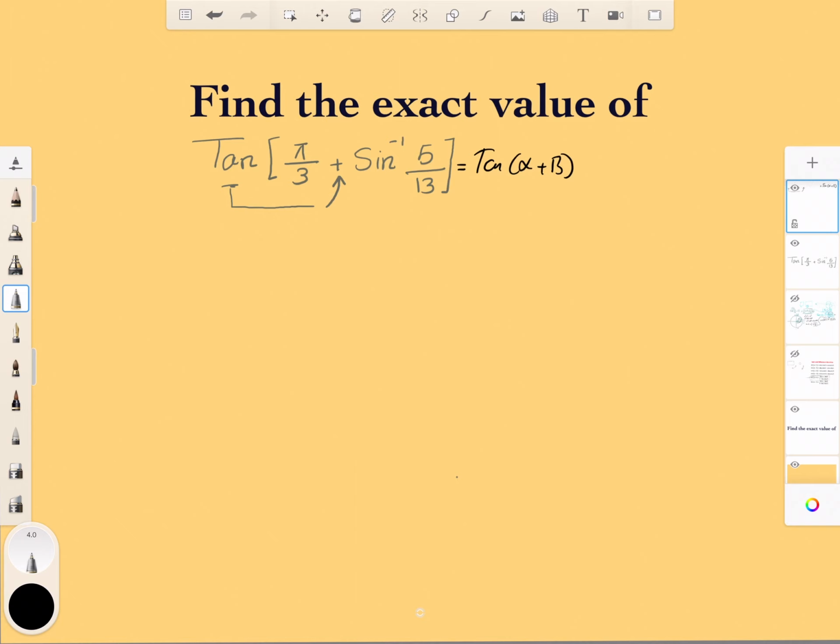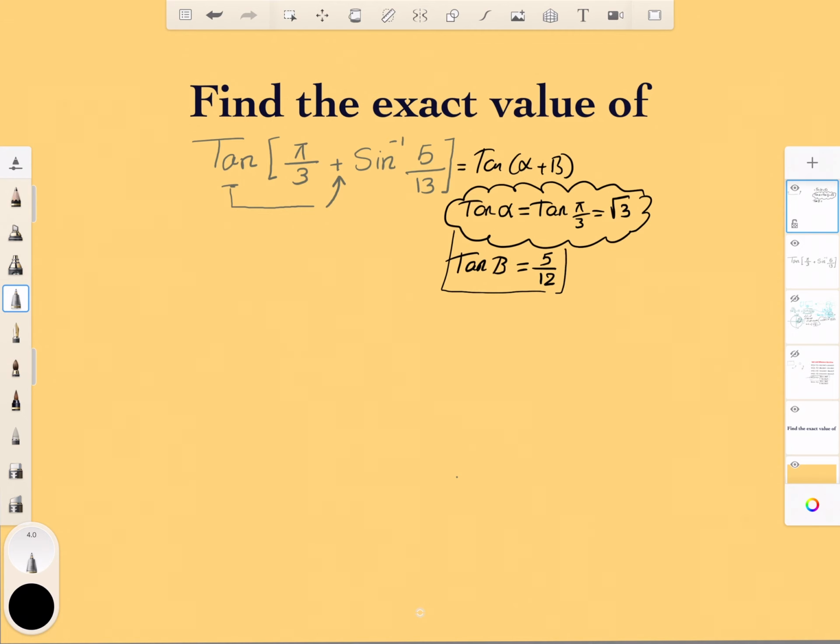We solve tangent of alpha, which is equal to tangent of pi over 3, equal to root 3. We knew this. We solve tangent of beta from sine of beta, which was 5 over 12.